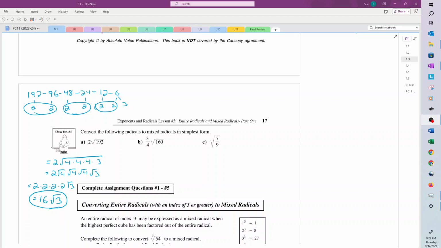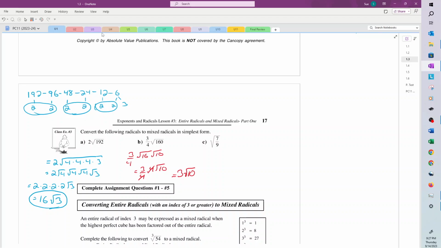This one, I noticed that that's going to be 16 times 10, and 16 is a perfect square. So this is going to be 3 over 4 times root 16 root 10. So that's 3 over 4 times 4 times root 10, and then those 4's cancel out, and I end up with 3 times the square root of 10.